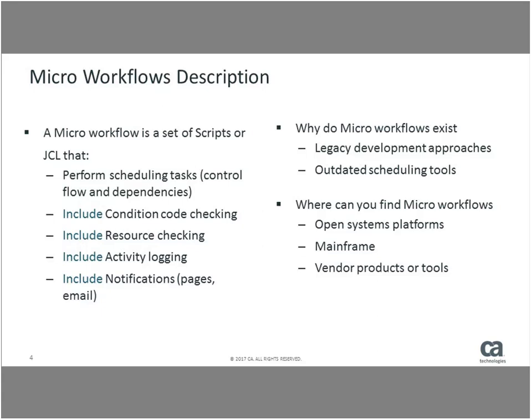Your condition code checking, you always want to have some condition code checking, but maybe not as extensive when you're doing more of your own scheduling within this large wrapper script. A lot of times you may include some resource checking, activity logging, and in many cases we also see notifications, paging going out, and emails built into wrapper scripts.